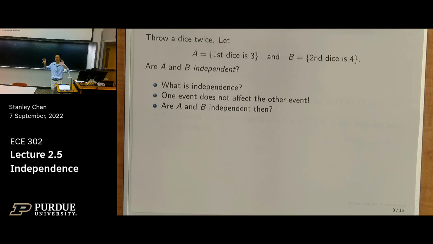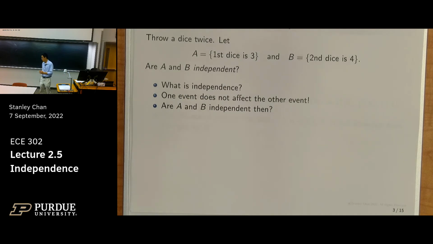Now, that's a loose definition of independence, right? But I guess we will agree that if they're not influencing each other, they shouldn't have any dependency. One shouldn't depend on the other. Okay, so what is independence? Are they independent? How do we define that? Now, the concept of independence has to build on top of conditional probability.